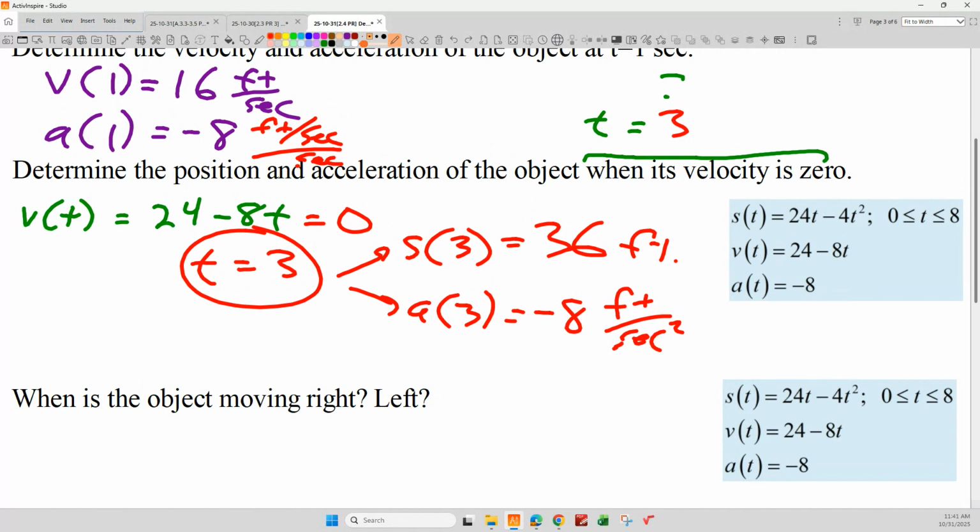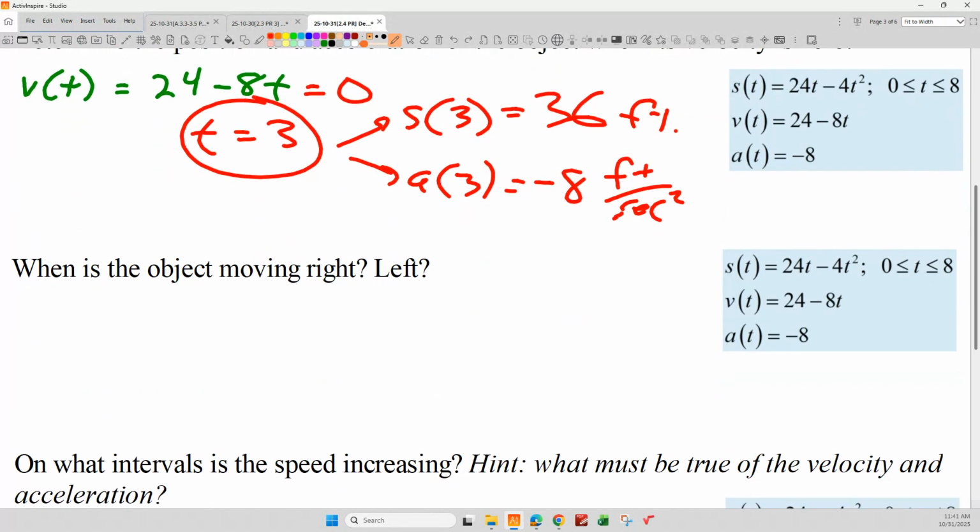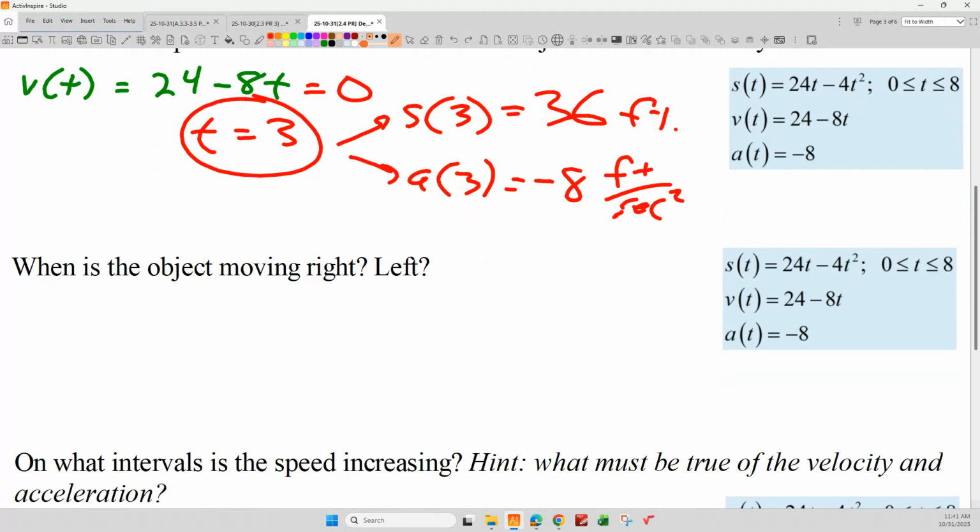We'll just use an inequality instead. How could I set up an inequality here that's going to give me the answer directly without having to do any inferring or reasoning? When is the object moving to the right? When the velocity is what? Okay, when it's positive, yeah, right? So when the velocity is greater than 0.